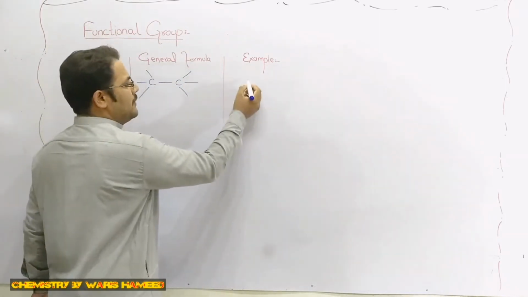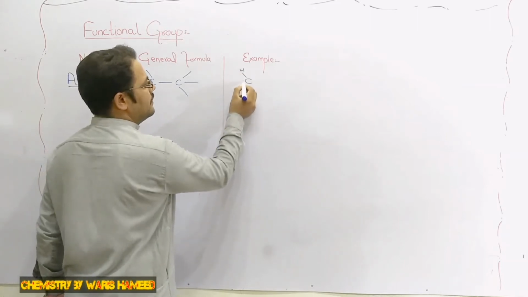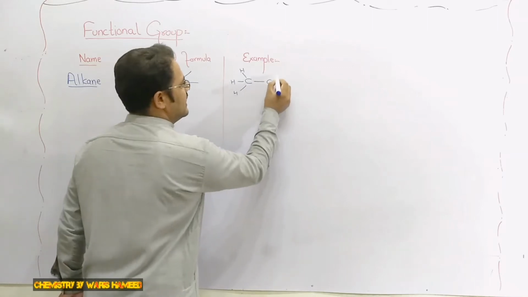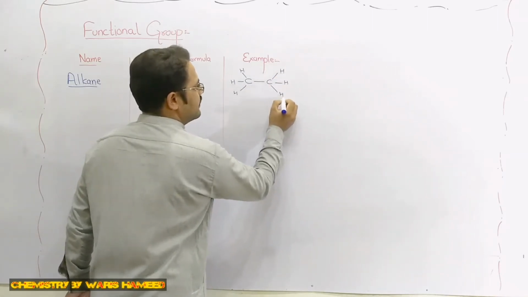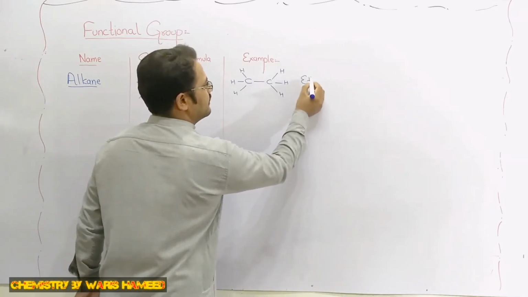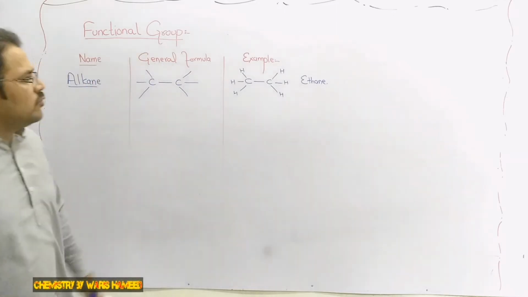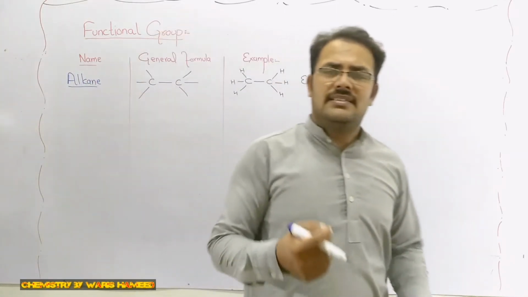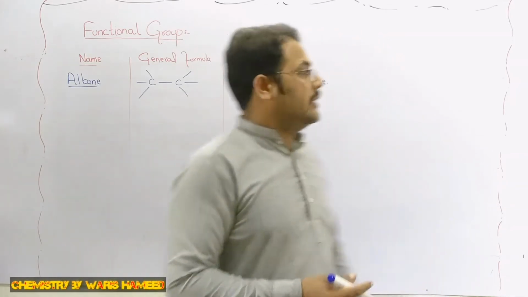For example, CH3 single bond CH3, it's ethane. In this case there is a single bond. If a molecule contains a single bond, then we can say it's related to alkane.